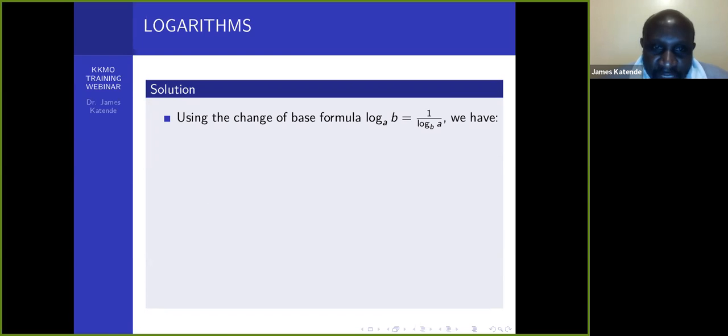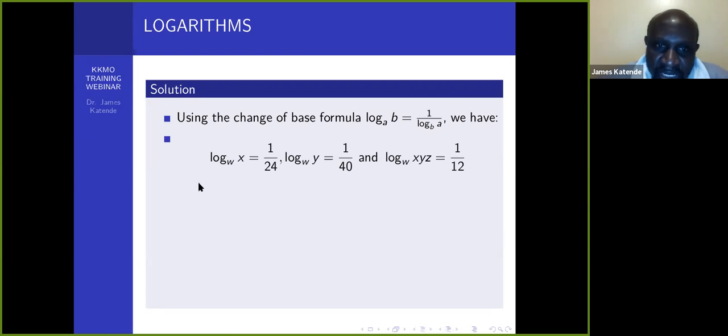So if you apply that, we can switch the bases. We had log of w to the base x was 24. So log of x to the base w will be the reciprocal, which is 1 over 24. The same applies to the others, so that log of y base w will be 1 over 40, and log of xyz to the base w is 1 over 12.